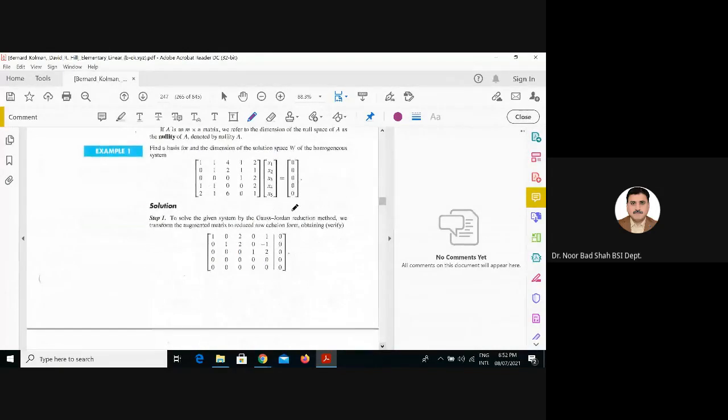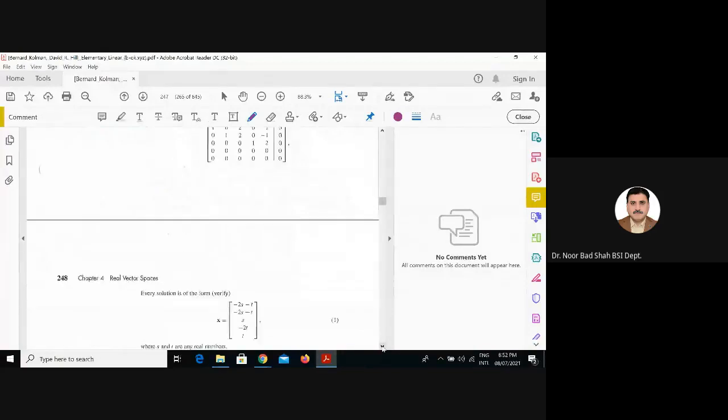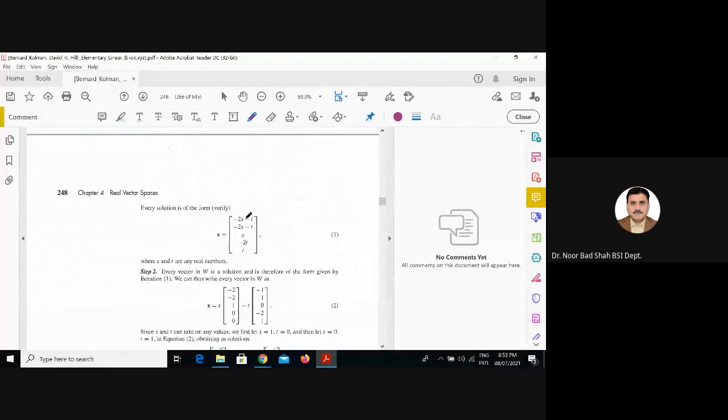For example, if you consider this system of equations, we take this homogeneous system of equations and convert that into echelon form, or maybe reduced echelon form, it's up to you. The solution of this system will be, I hope you know how to get the solution from here to here. Yeah, you know how to find the solution of homogeneous system of equations. So that is a solution. So we are having two parameters.